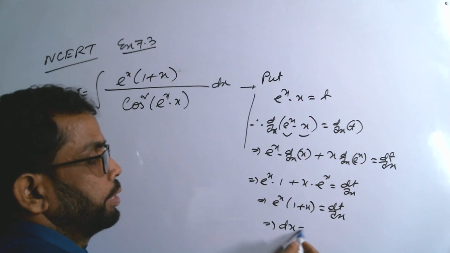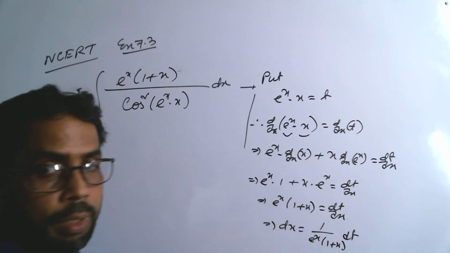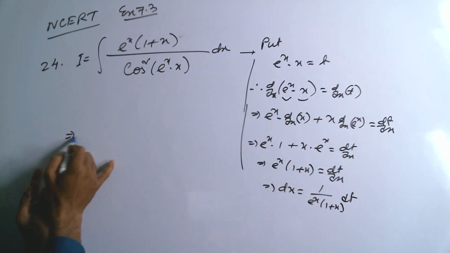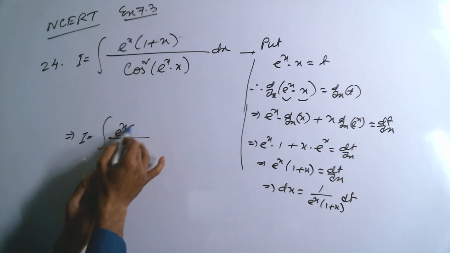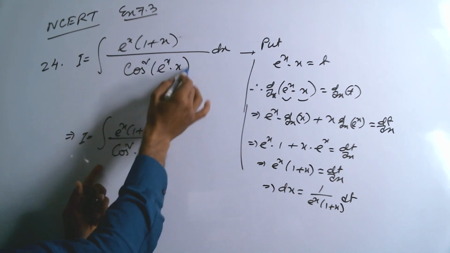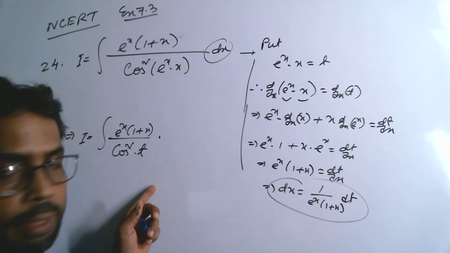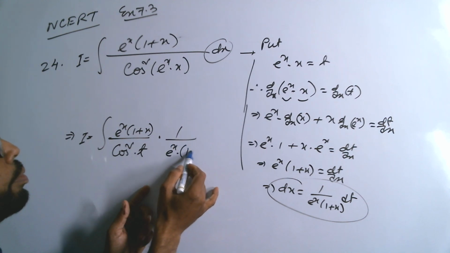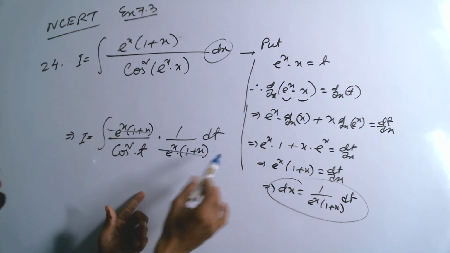We will find out dx. Now the integration will change. Numerator as it is, cos square, this full term we have taken as t, and we have converted dx here. dx is 1 by e to the power x into 1 plus x, into dt. Now this full term is getting cancelled.